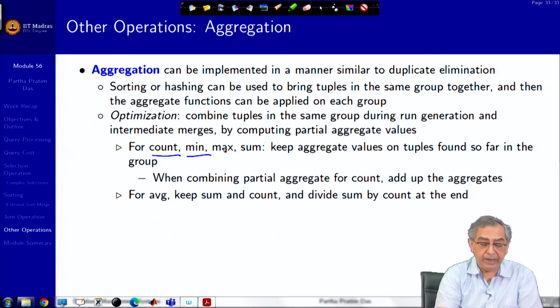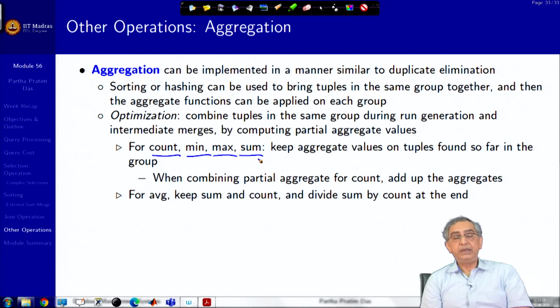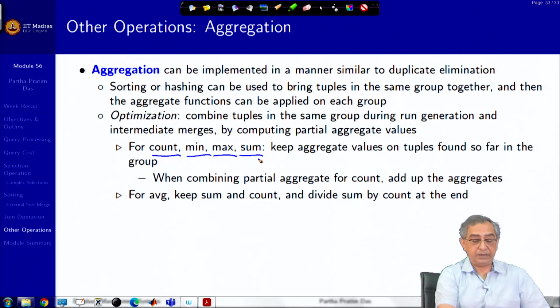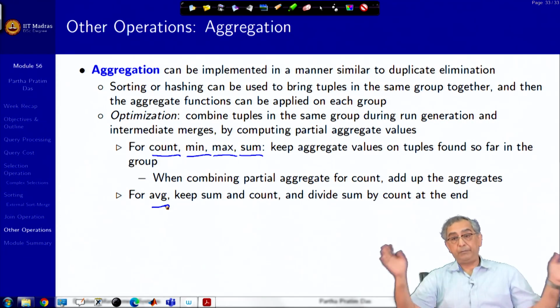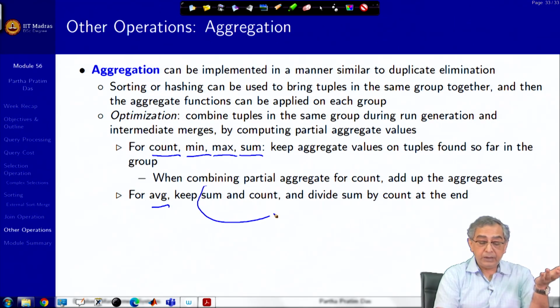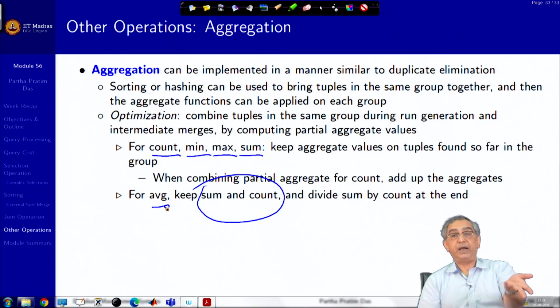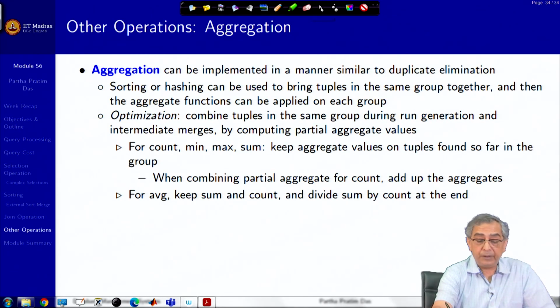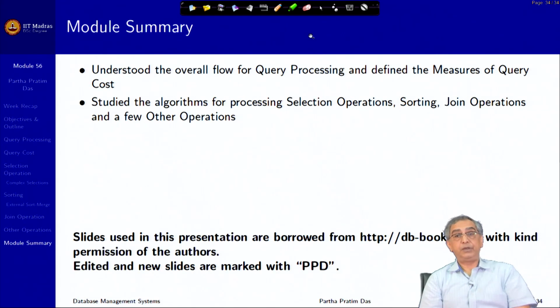Count, min, max, sum, these all can be computed in that manner, except average, right, because it depends on the whole thing. So, to compute average, you actually compute sum and count, and at the end you divide, giving the average, right. So, this way you can certainly optimize and get faster operations.